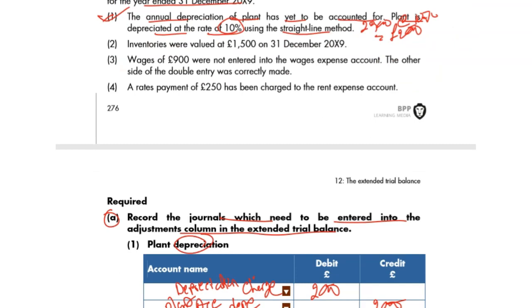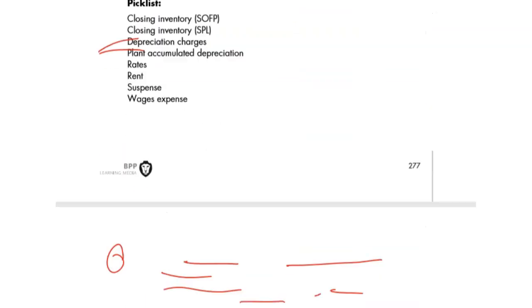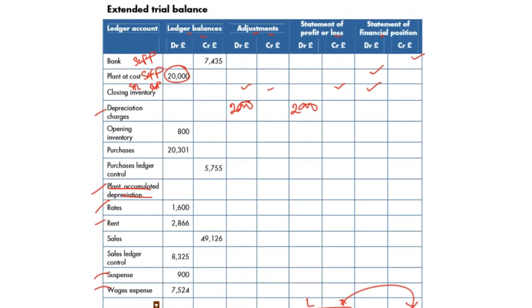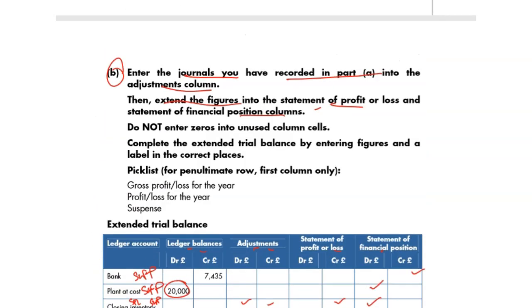The accumulated depreciation as well, we can take that into the accumulated depreciation as well. And accumulated depreciation is credit. Let's check it out. We have plant accumulated depreciation. Adjustment would be credit 2,000, and it is taken into the SOFP, doesn't it? Statement of financial position as a deduction from the cost.